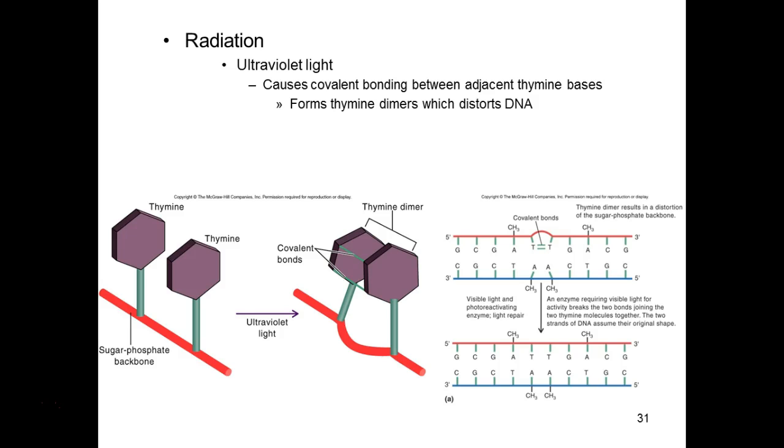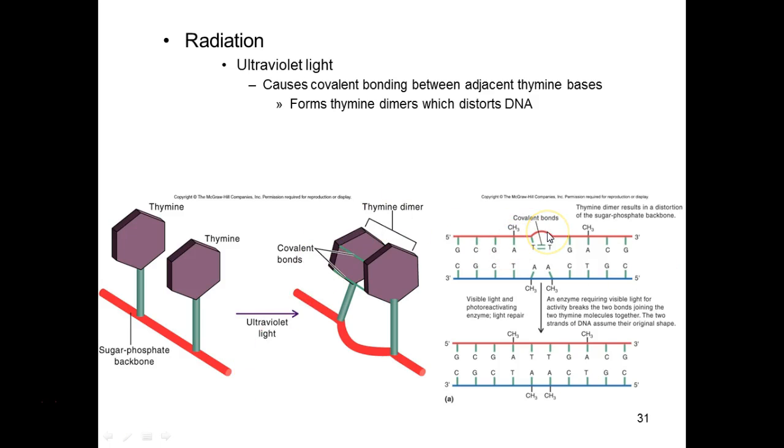Unlike the bond that holds the two strands together, what's the bonding that holds the two strands together? It's hydrogen bonding, right? That's not as strong a bond as covalent. The problem with covalent bonding here between the two thymines is, one, that's not what's supposed to be happening. Two, it distorts the DNA.